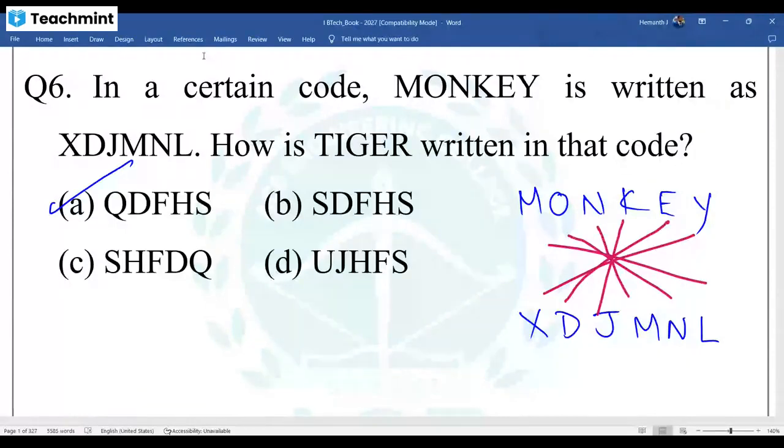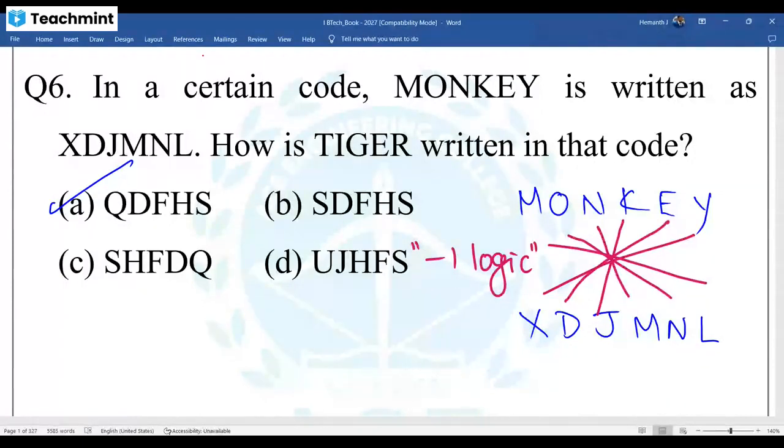Okay, logical thinking you are going to improve once this topic is complete. Reasoning is all about logical thinking. In reasoning only this coding and decoding will come. This is -1 logic only, but from back to front. Y previous letter is X, E previous letter is D, K previous letter is J, N previous letter is M, O previous letter, M previous letter, like that. -1 logic, previous letter.